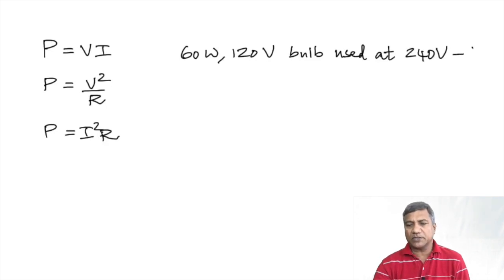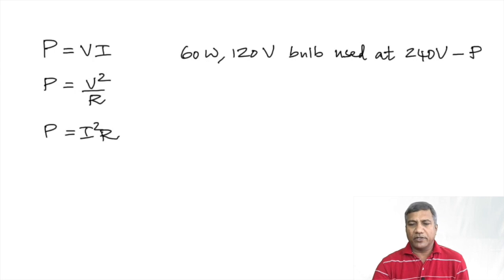Before we start this problem, let me tell you that this bulb is not going to work at 240 volt, because as soon as you connect it to the 240 volt, it'll just blow out. But conceptually, let's imagine that it works, and then what power would it use?